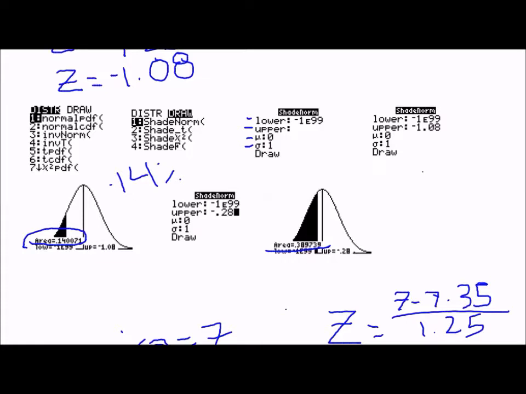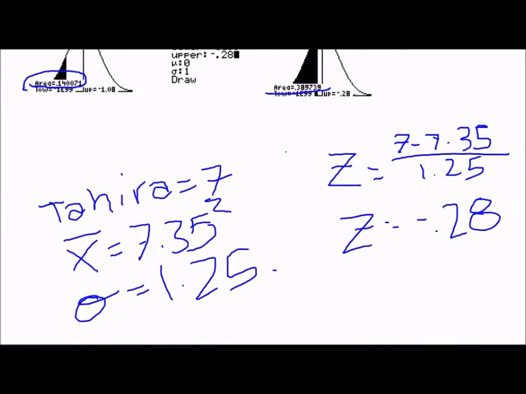You can subtract: 1 minus 0.39, and you get about 0.61. So that's about 61%.